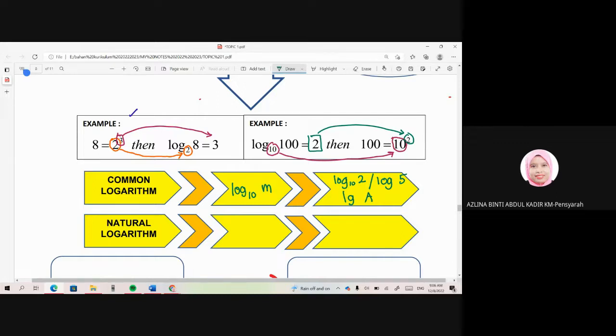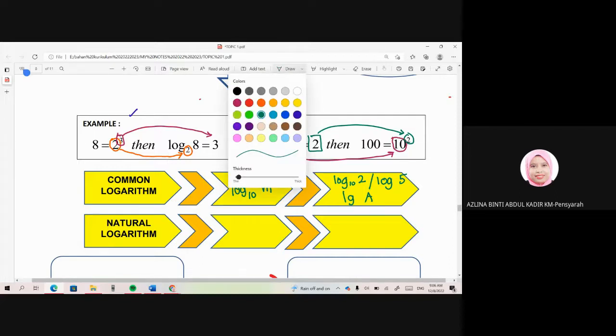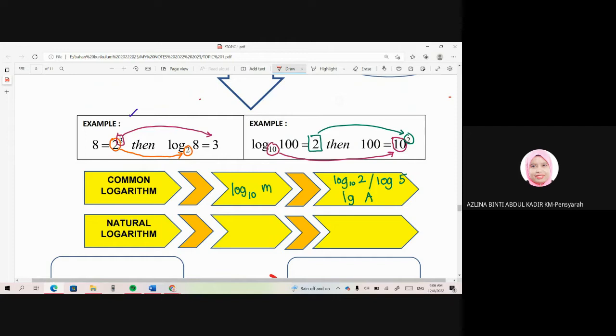And then the next one is natural log. Natural log is log base e, log base e of m. We always write log base e as ln. Ln means base e, right?